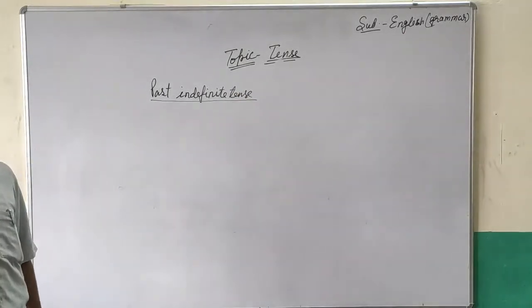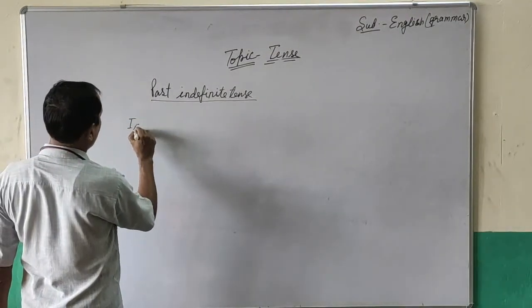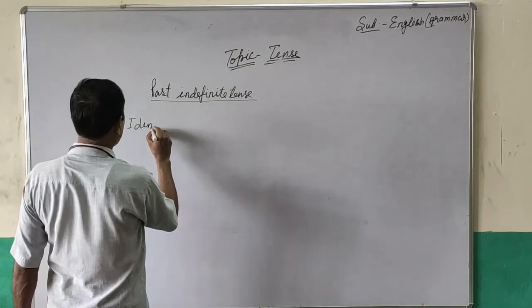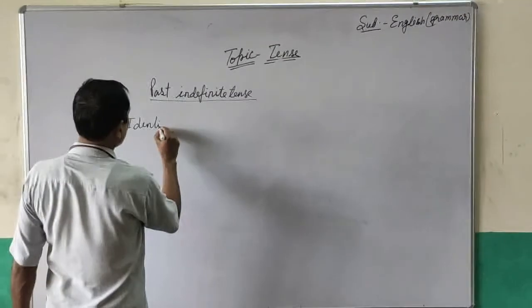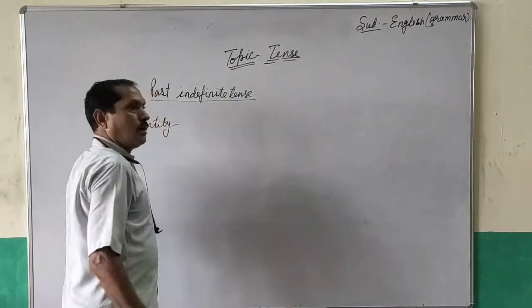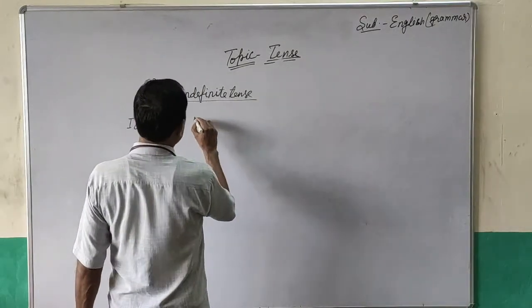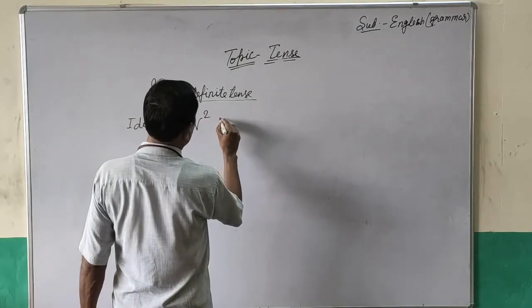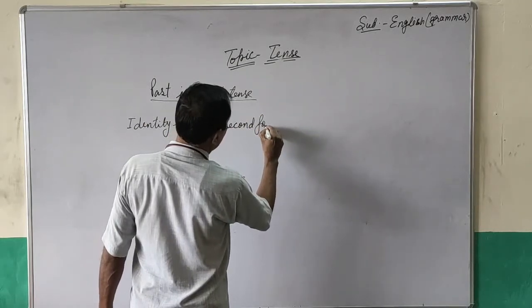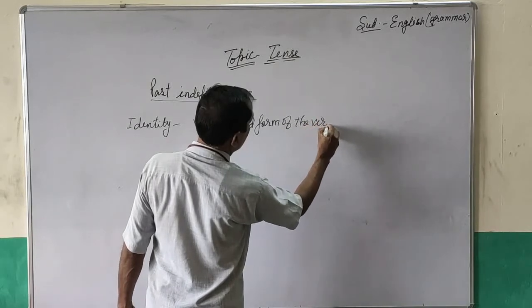How do we identify it? In the sentence we use the second form of the verb.